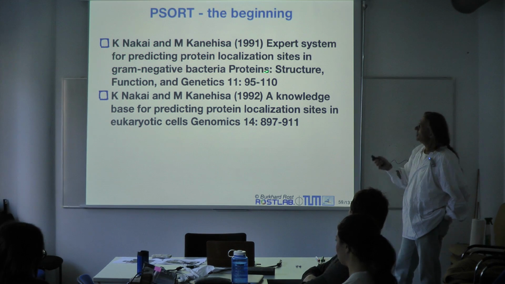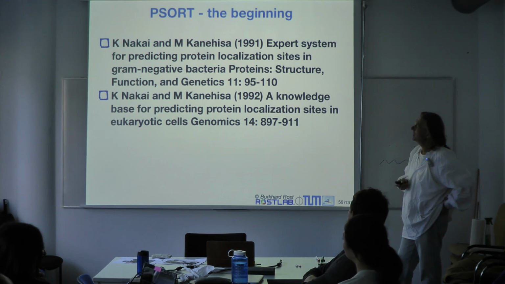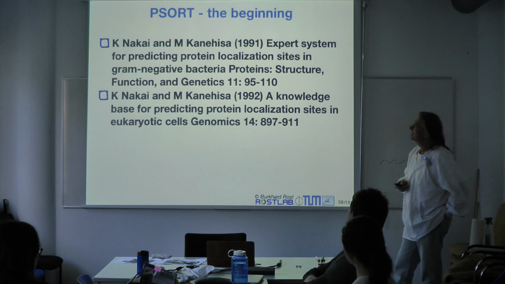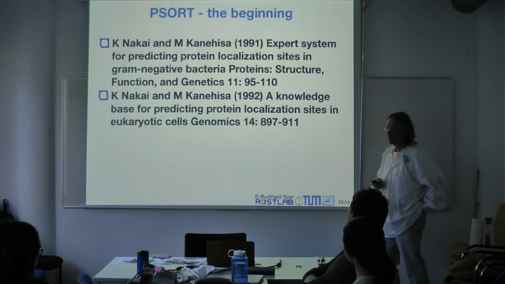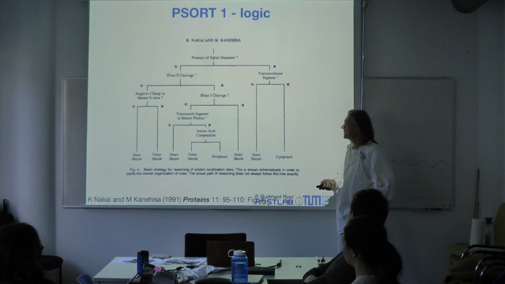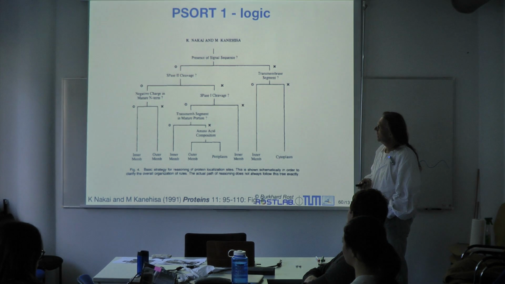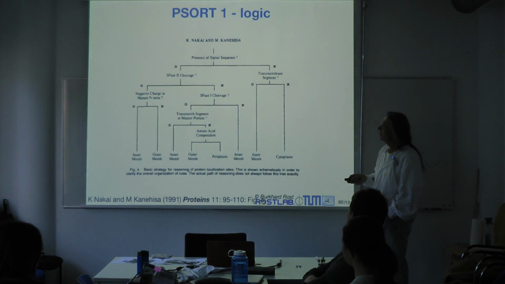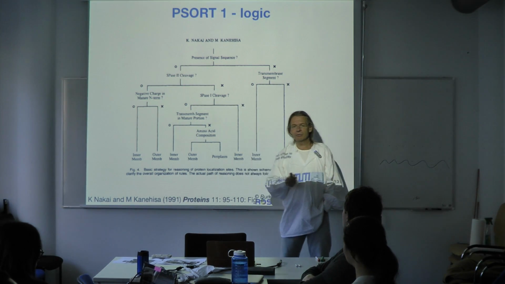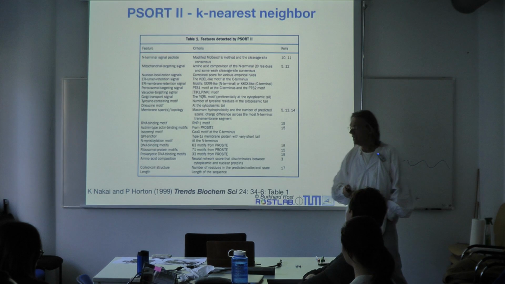Okay, so P-sort started. Initially, it comes from the Kenta Nakai and Minoru Kanehisa labs. It started with the amino acid composition, then brought in all kinds of other signals. So transmembrane segment or not, a negative charge or not, a cleavage site, a signal sequence. They had a tree of rules, a rule-based system.